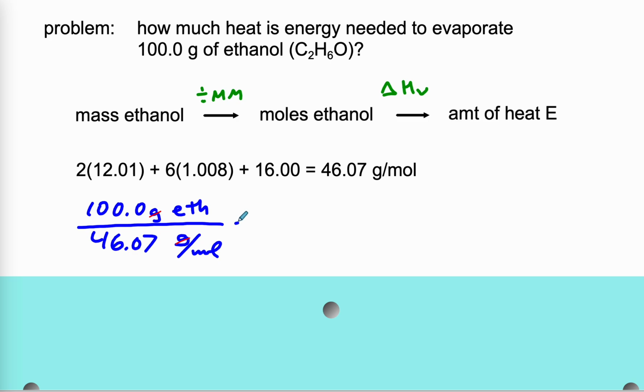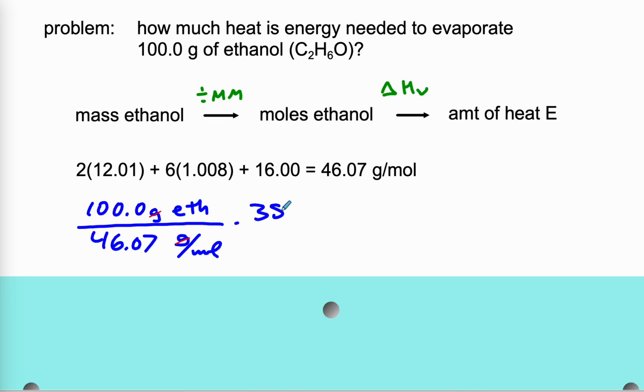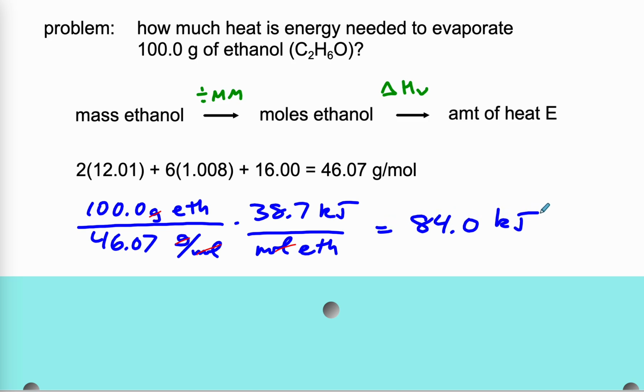And then we'll simply multiply by the molar enthalpy of vaporization, which once again is 38.7 kilojoules per mole of ethanol. Moles of ethanol cancel, and we are left with a value of 84.0 kilojoules of energy. So if I wanted to evaporate 100 grams of ethanol, it would take 84.0 kilojoules.